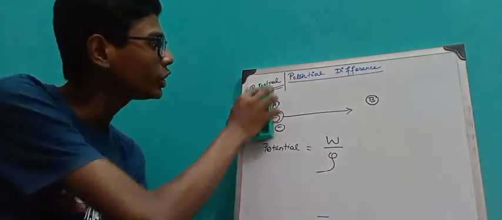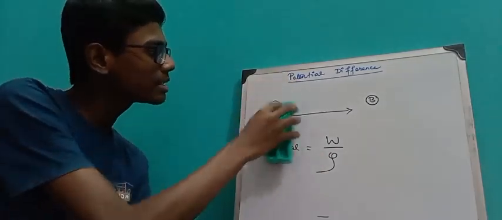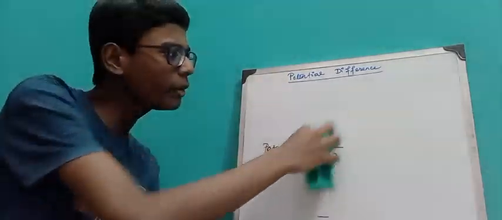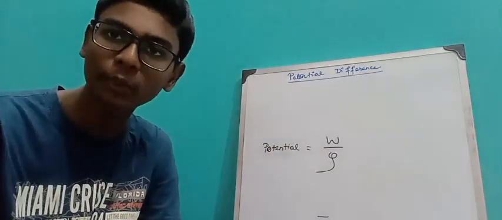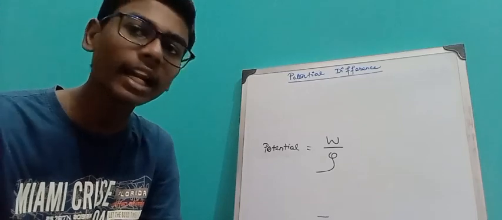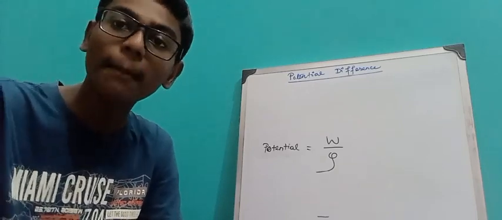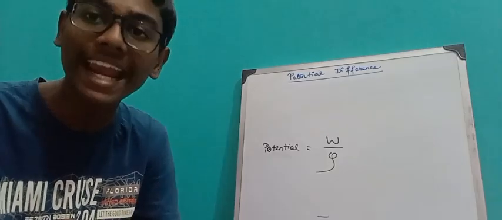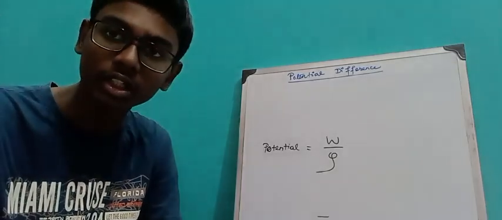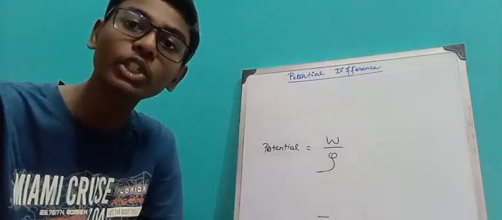Now coming to potential difference. Suppose there are two ends of a wire. The difference of potential between the two ends is called the potential difference.